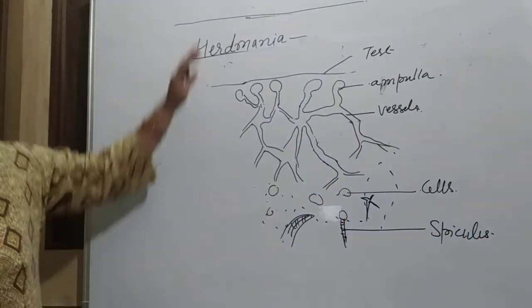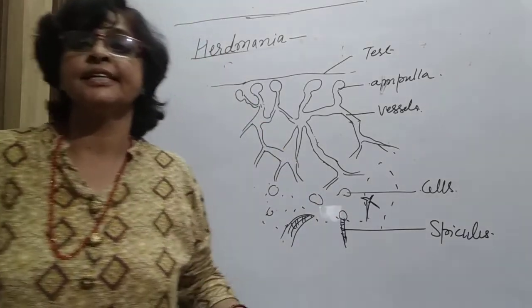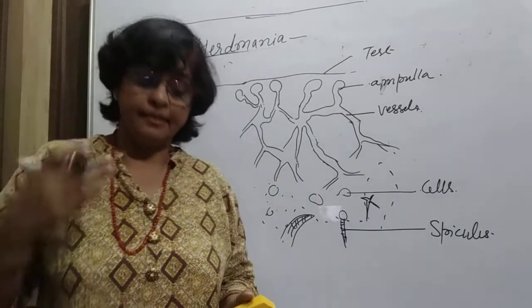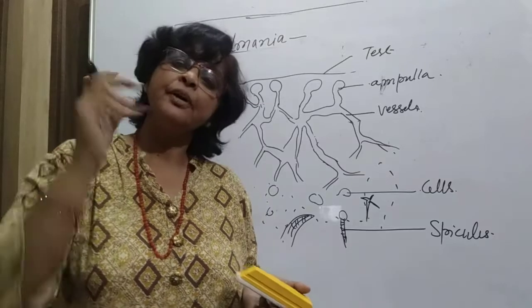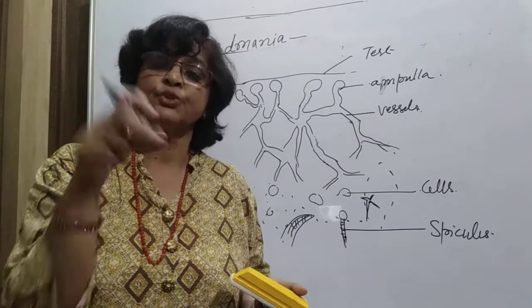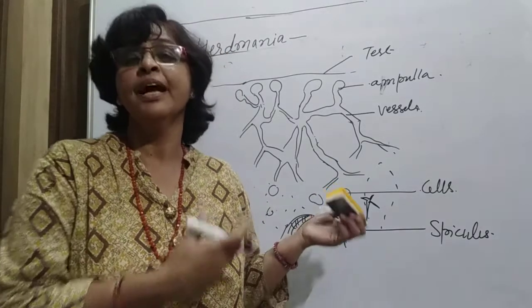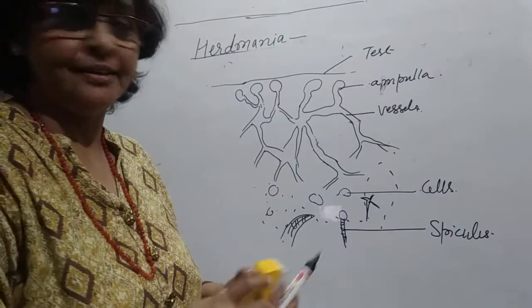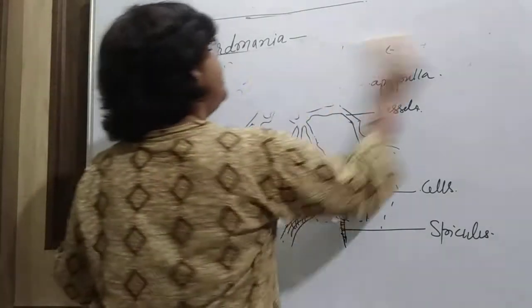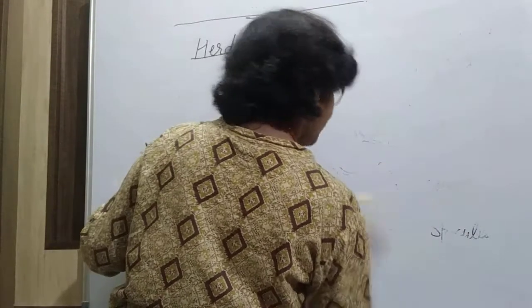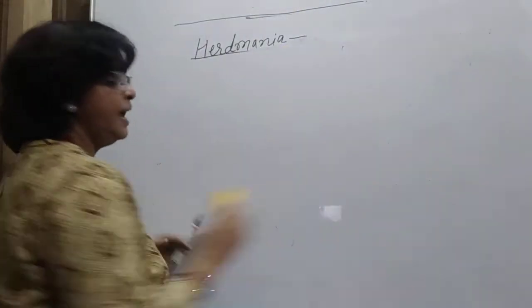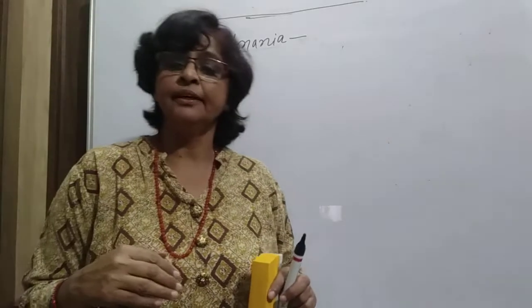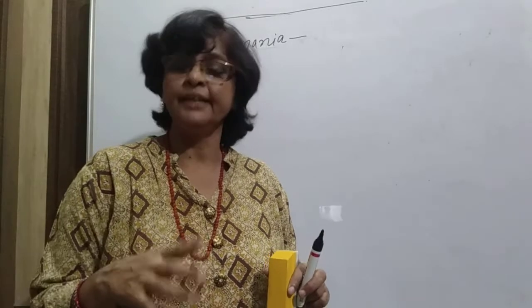So somewhat this type of structure is there. If we want to know about the test, a short note may come on the topic of test, a 2-mark question may come. So you have come to know the morphology, the body parts, how the body is divisible, and the outer covering of the body, the test.